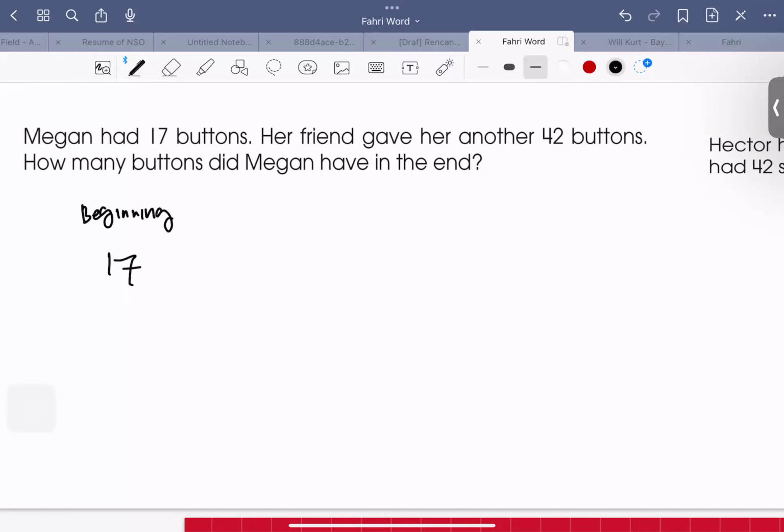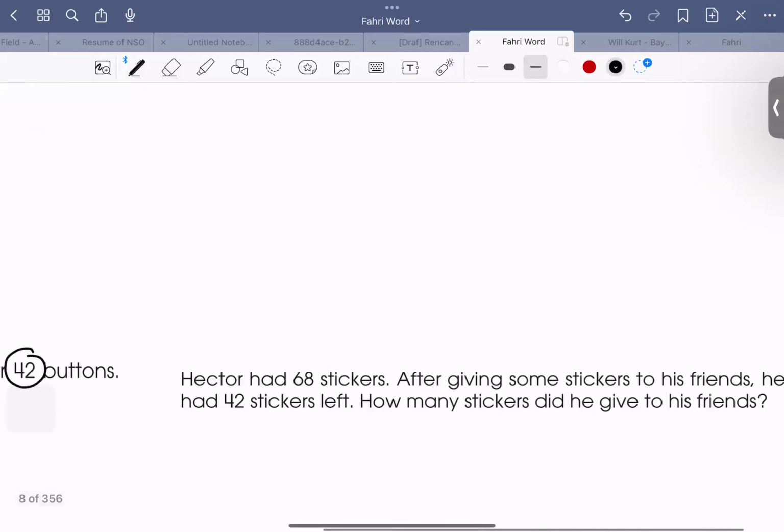Then, in the process, her friend gave her another 42 buttons. So in the end, Megan will have 59 buttons. Cool. Now let's go to the next question.